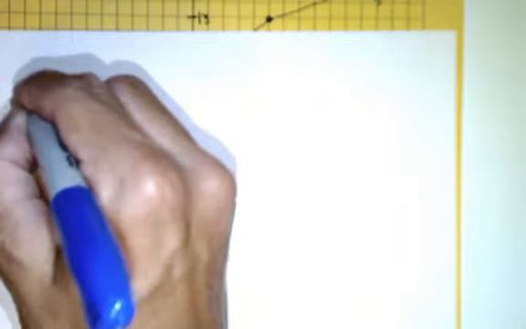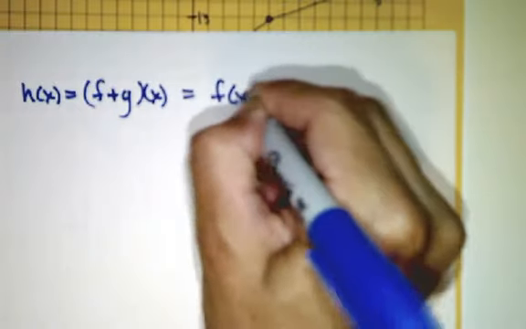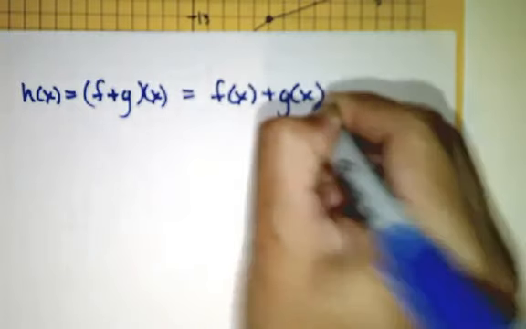Okay? So I'm going to put this paper here for just a second, and then we will move it as we need to see it. So if we let h of x be equal to f plus g of x, we know that's equal to f of x plus g of x.